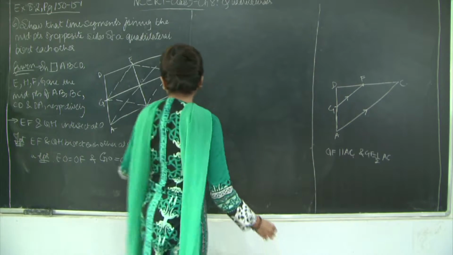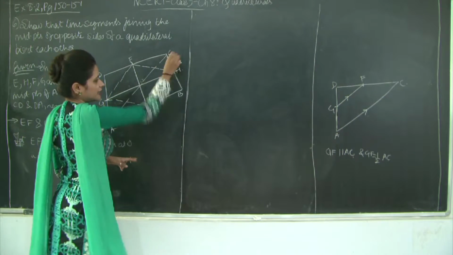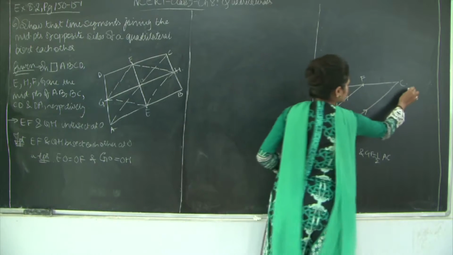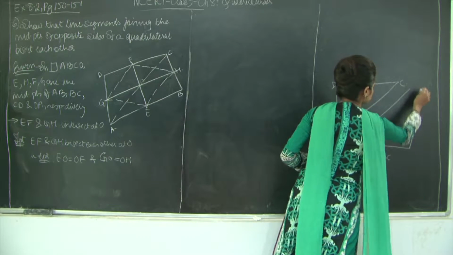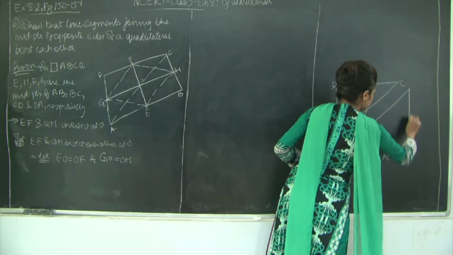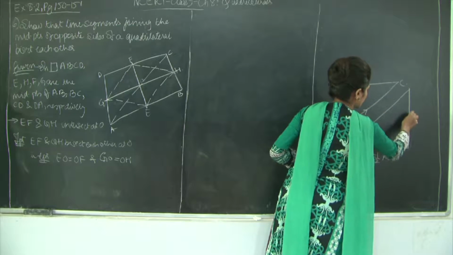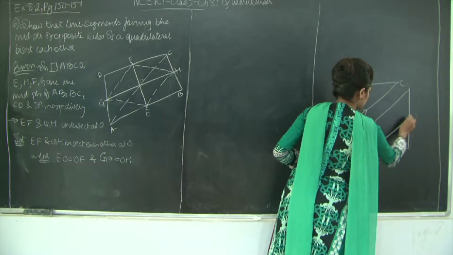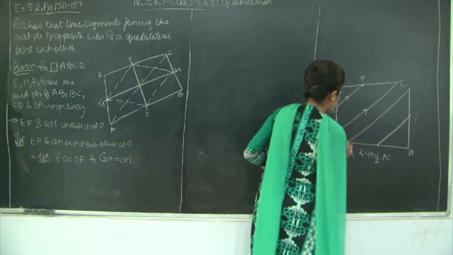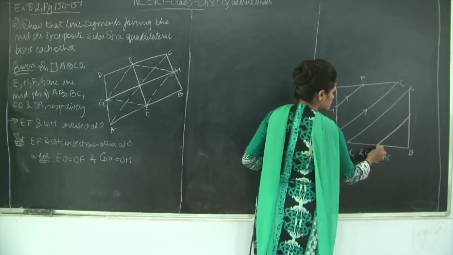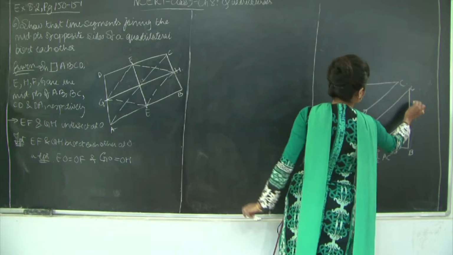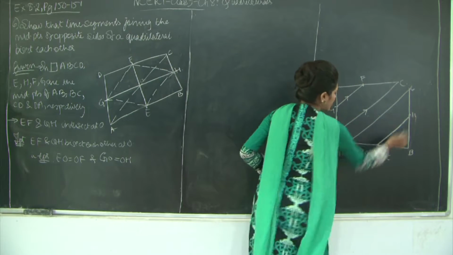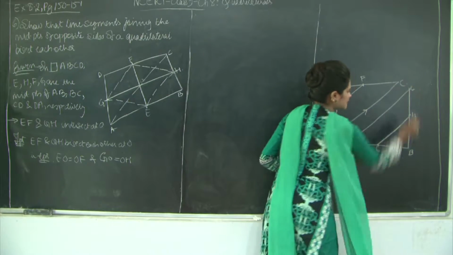Now, similarly for my other triangle here, BAC, let us draw this. This is my B, A, C. Let us mark our midpoints E and H. E and H are the midpoints of AB and BC respectively.